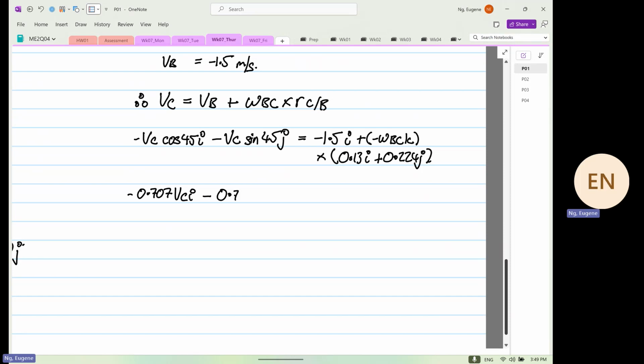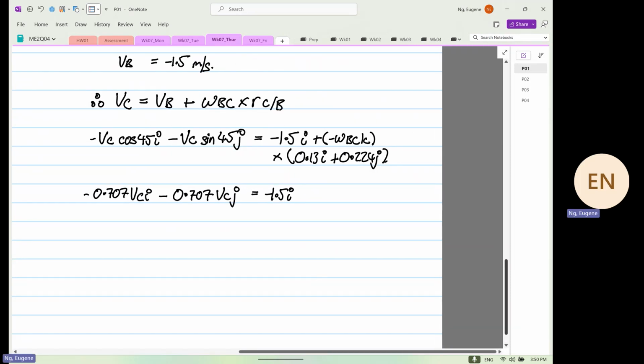Minus 0.707 VCJ, and this is equal to minus 1.5 I. K cross I is positive, so minus omega BC 0.13, sorry, minus 0.13 omega BC J. K cross J is negative, and negative times negative is positive, so 0.224 omega BC I. Okay, let me shift it a bit.